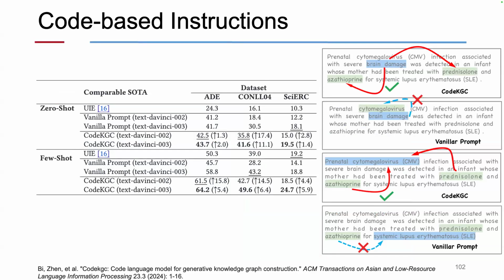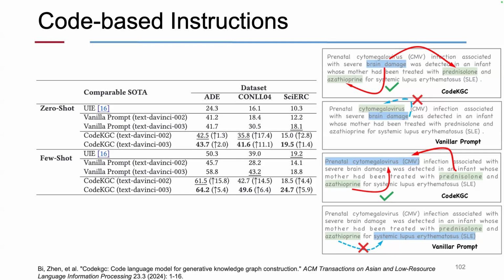So saying a certain kind of disease associated with brain damage was detected, and that disease is because the parent took some kind of treatments during the pregnancy, right? So basically, there's some kind of logic underlying there.